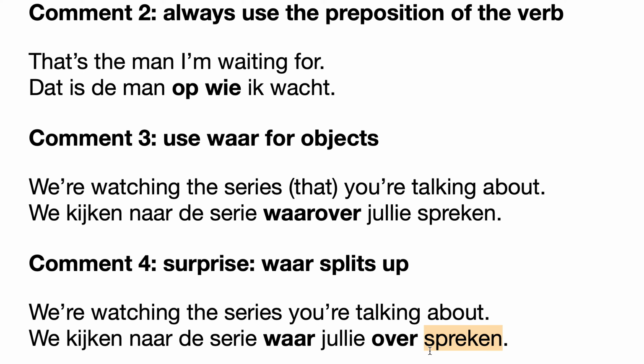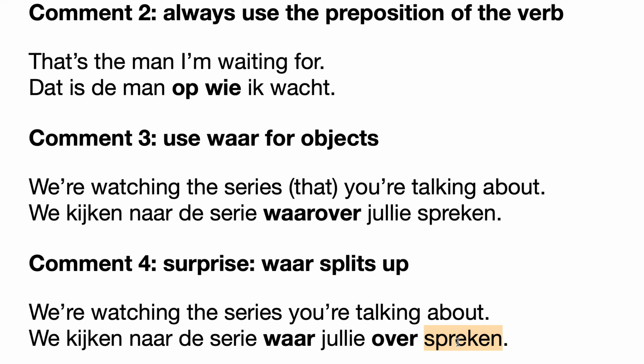And to the nitpickers out here who are really focused on details, you're like, hey, but isn't this over supposed to be at the end? Before we've seen in this video, daar spreken jullie over. The over is at the end, and here the over is not at the end. There's spreken there, and that's correct.